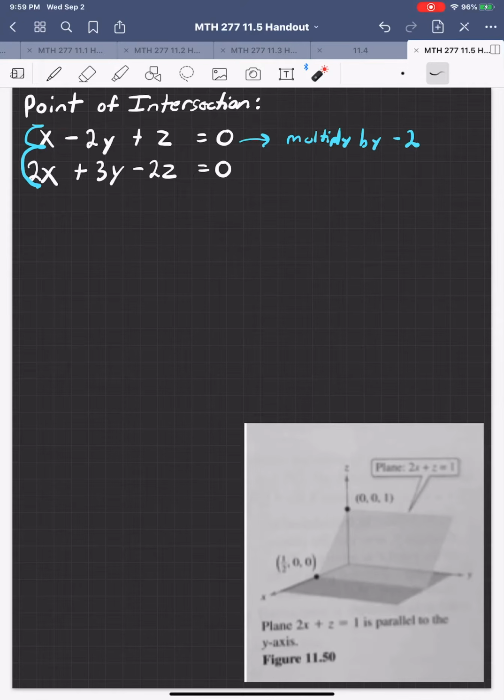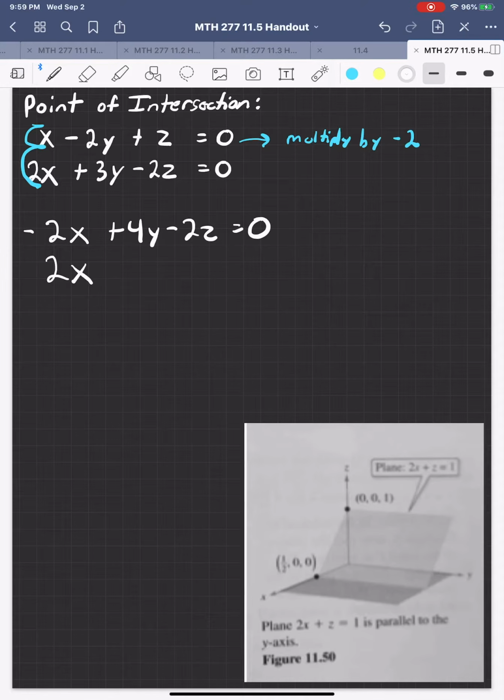That will give me a -2x here and a positive 2x here, which will aid when I cancel out. So let's see what that looks like. So that would now be -2x plus 4y minus 2z equals 0. 2x plus 3y minus 2z equals 0.